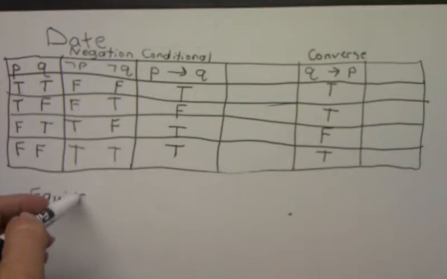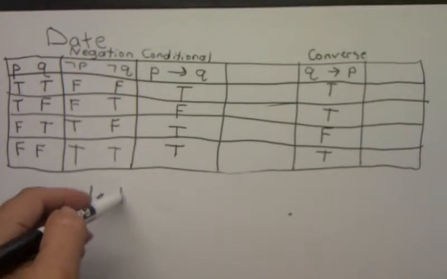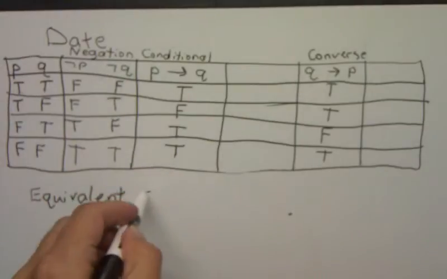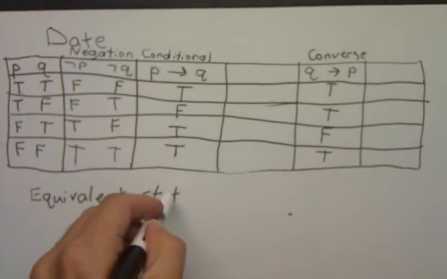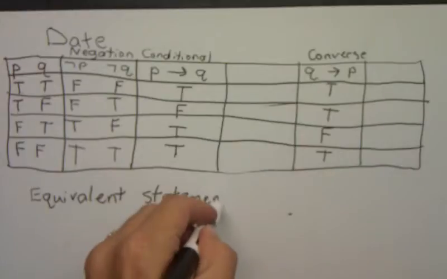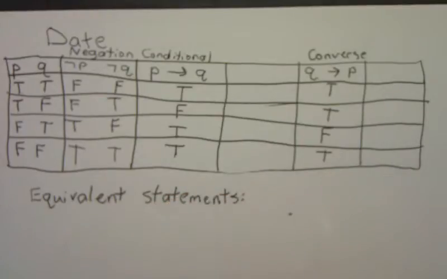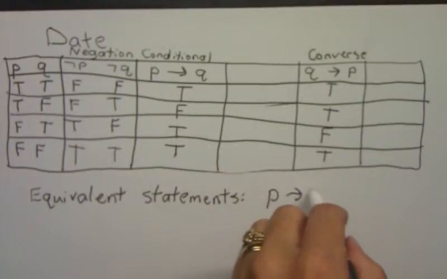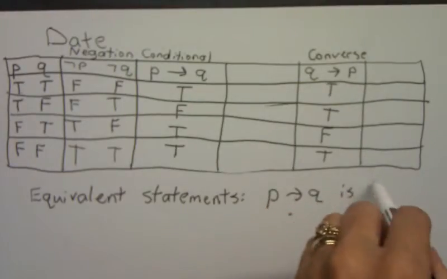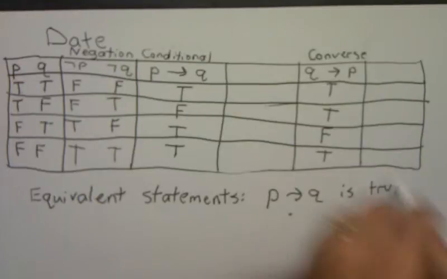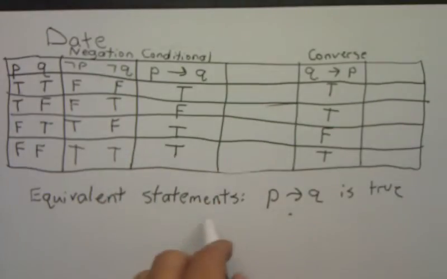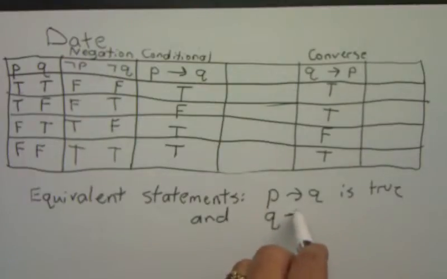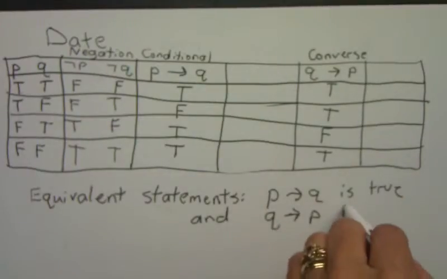Equivalent statements is if P then Q is true, so if the conditional is true, and if Q then P is true.